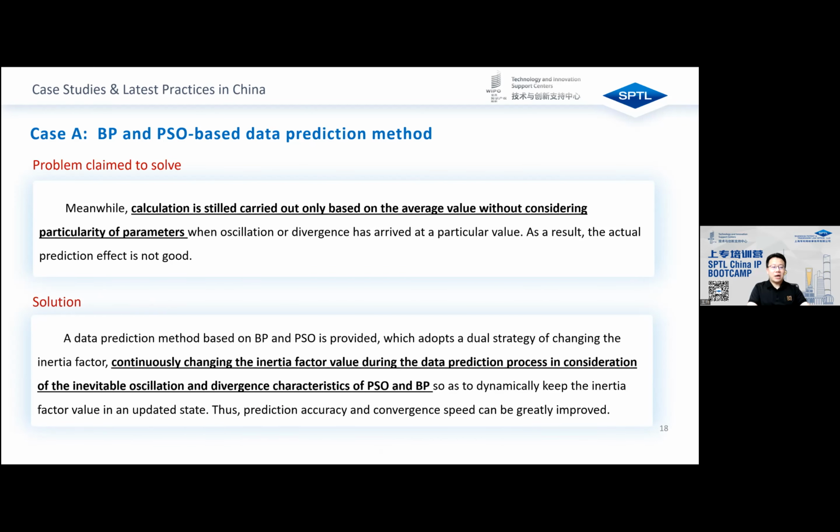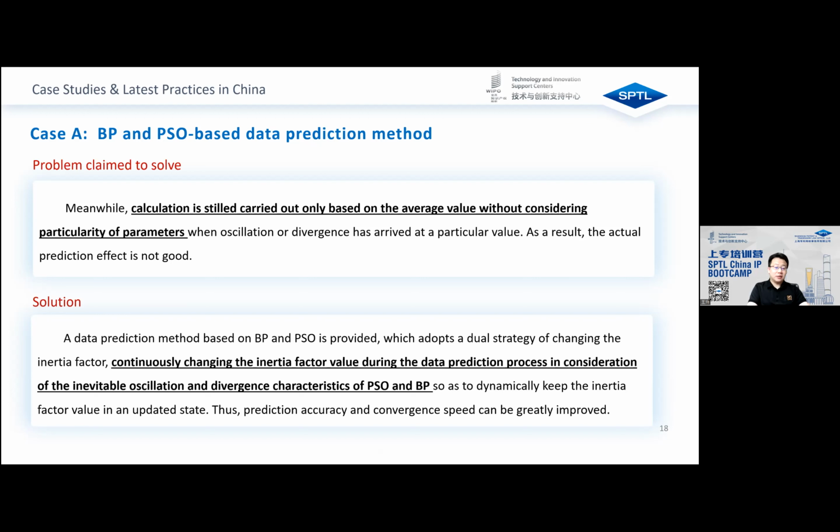Moreover, calculation is still carried out only based on the average value without considering the particularity of parameters where oscillations or divergence has arrived at a particular value. In order to solve this problem, a data prediction method based on BP and PSO is provided.